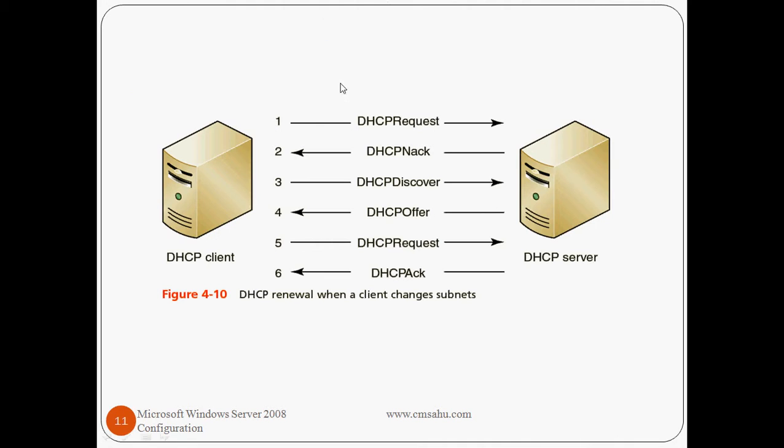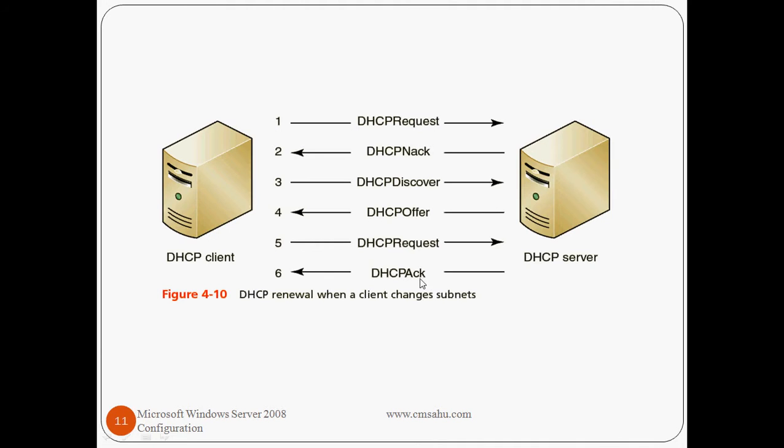First the client needs to send a request to the DHCP server, then the DHCP server sends the NAK message, then the client sends the discover to the DHCP server, then the DHCP server will offer to the client, then the DHCP client requests the DHCP server, then the DHCP server sends the acknowledgement message, right? It may be positive, it may be negative. If it is positive, then definitely the client will get an IP, right?